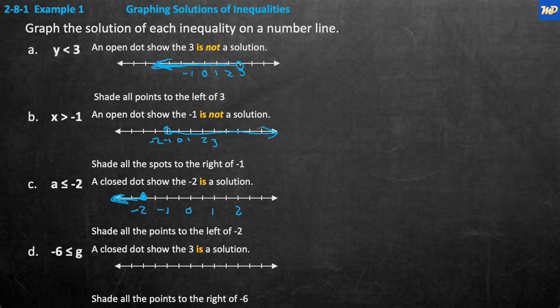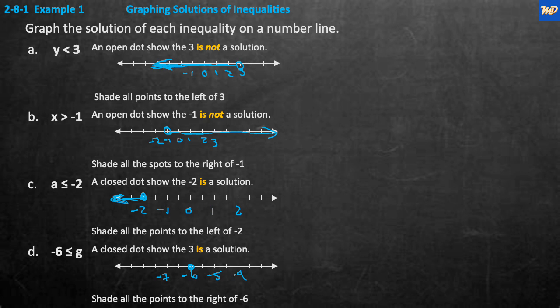-6 is less than or equal to g. This is a little bit different. I'm going to bring -6 up into here. -6 is right here, and then this is -5, and this is -7 there, and -4. So g is whatever number we're going to pick. -6 is right here, and it's less than or equal, so I can start off by putting a dot right on -6. That's equal to -6.